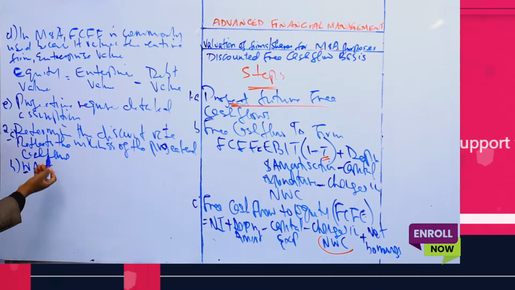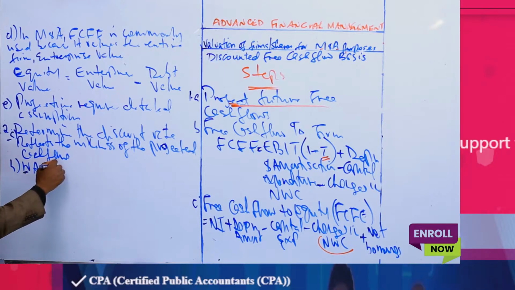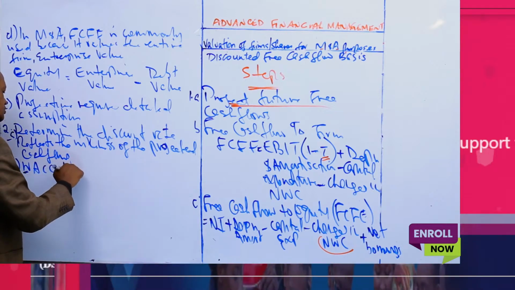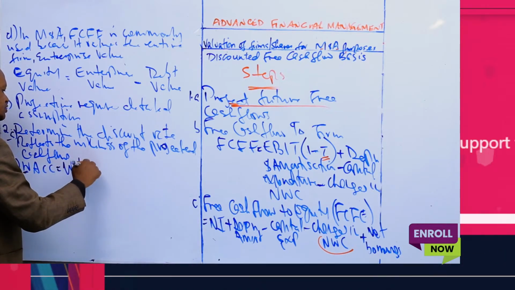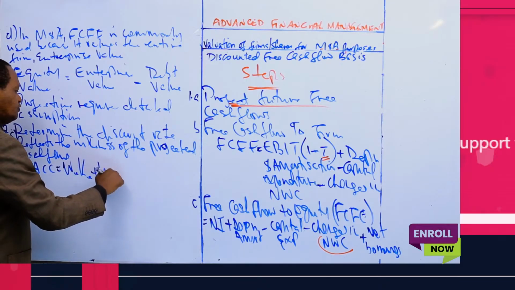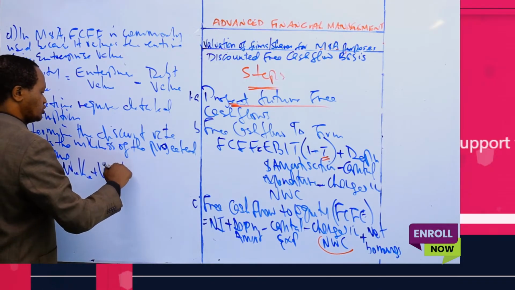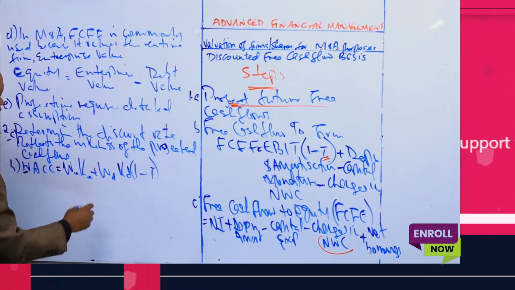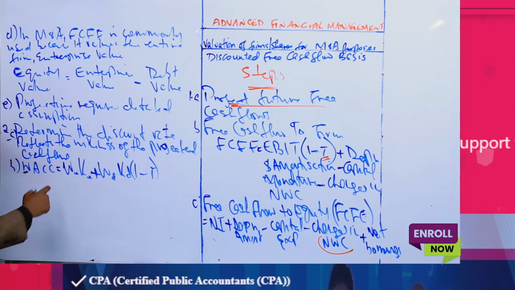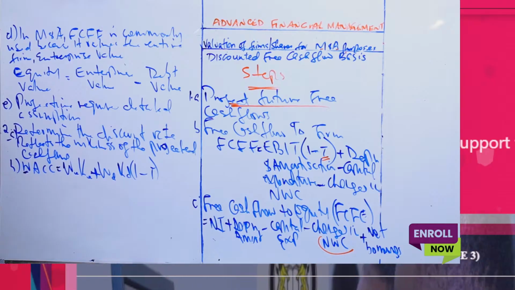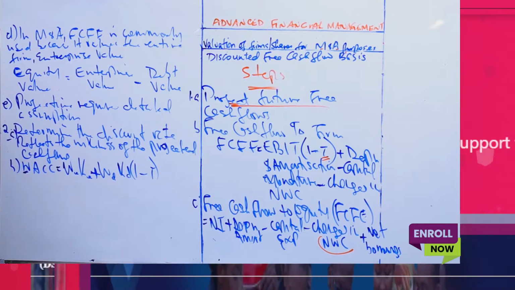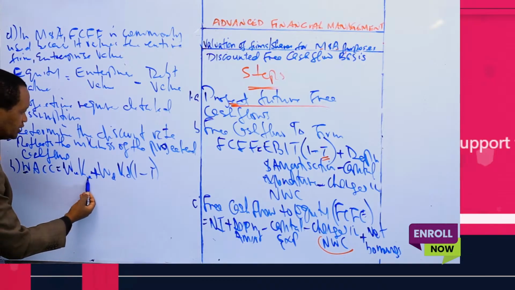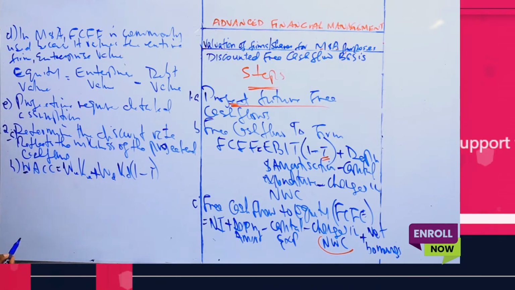We know the weighted average cost of capital is equal to the weight of equity times the cost of equity plus the weight of debt times the cost of debt times (1 minus T). That's how you calculate it. It represents the average cost of all the company's capital, both equity and debt.